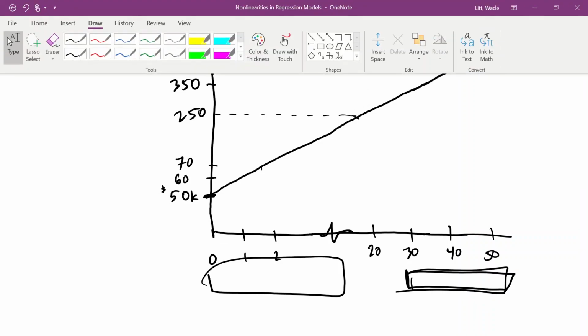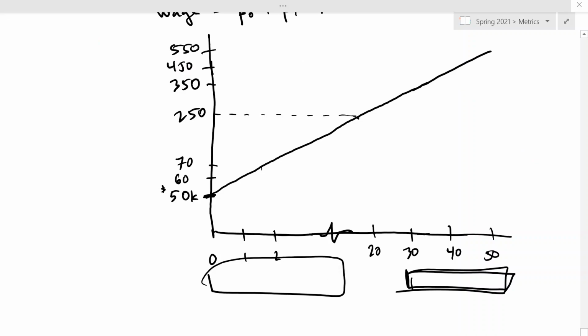And so what your real wage might look like is something that starts going up but then slows, and then maybe even starts turning down as you retire. Actually, it might even turn down quickly, but we'll keep it kind of nice and smooth.